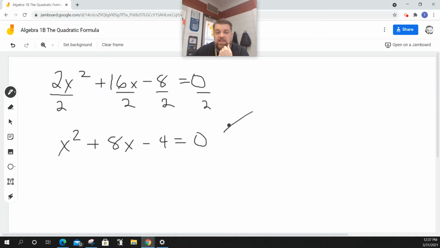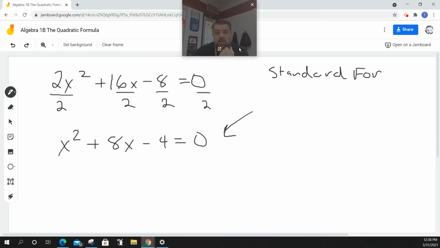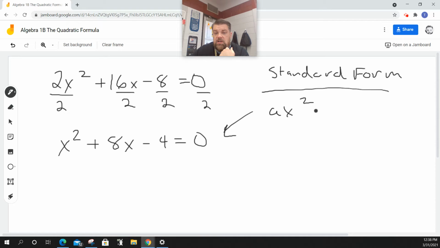So now with that being said, remember that our quadratics written in standard form look like this: ax squared plus bx plus c.